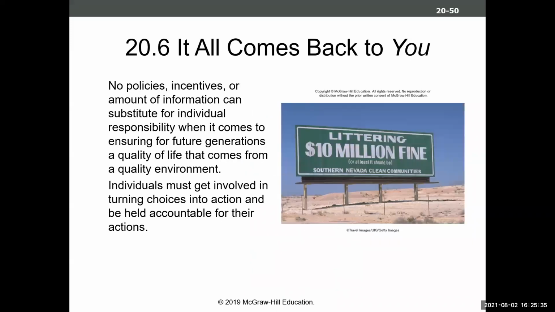And then ultimately, in the end, it all comes back to you. It all comes back to each individual. There are no policies, no incentives, or any information that can substitute for our individual responsibility.